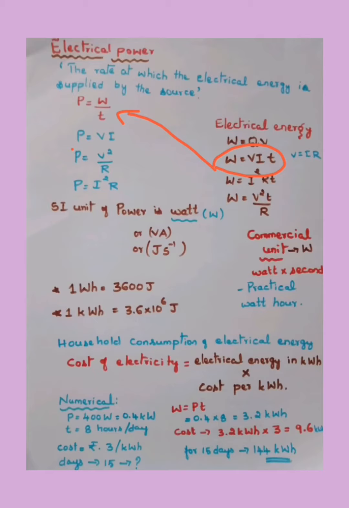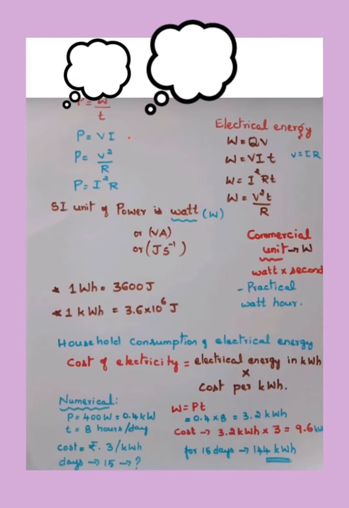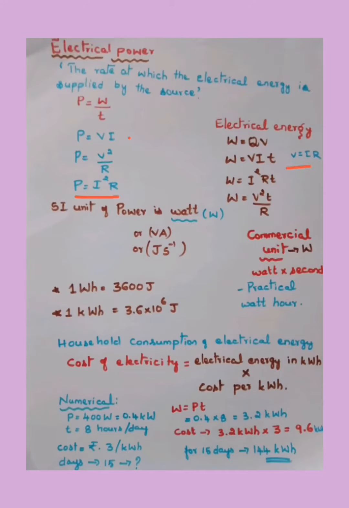For the same formula, if you substitute the value of I from Ohm's law, that is I is equal to V by R, we get the next formula: P is equal to V square by R. And if you substitute the value of V from Ohm's law, we get P is equal to I square into R. All these formulae we have to remember in order to solve the numericals.